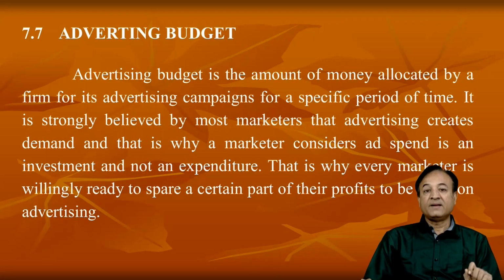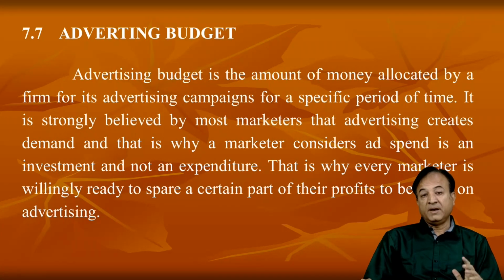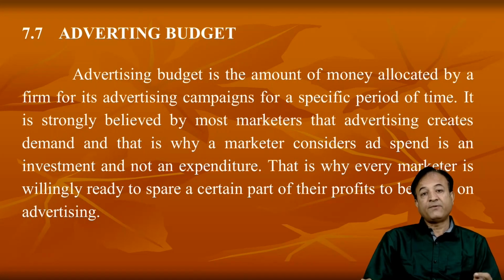Once the marketer is clear about his advertising objectives, another critical decision he needs to take is allocating the advertising budget. Advertising budget is the amount of money allocated by a firm for its advertising campaign for a specific period of time.